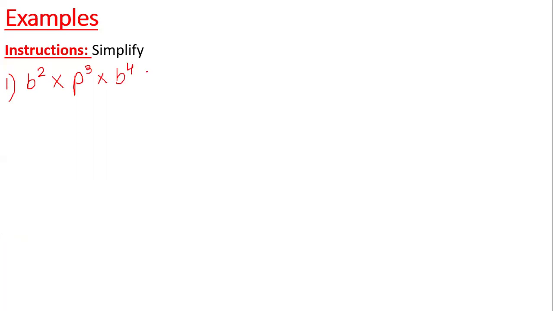Just leave it like that. So we have b to the power of 2 multiplied by p to the power of 3 multiplied by b to the power of 4.